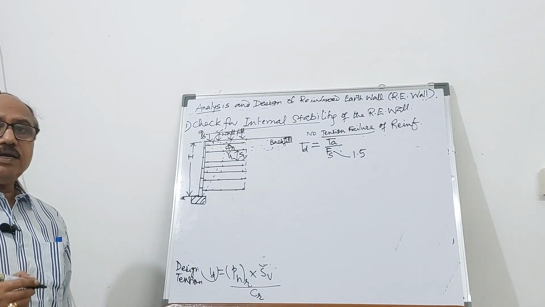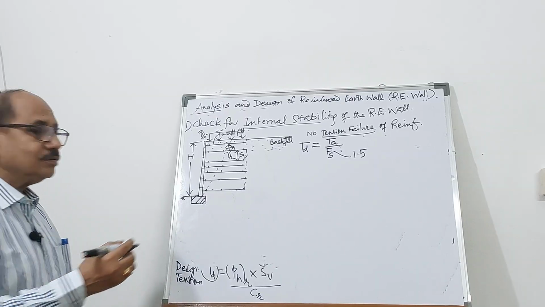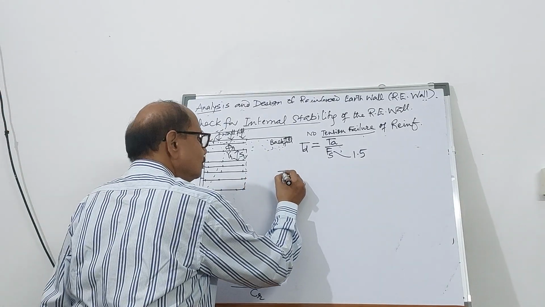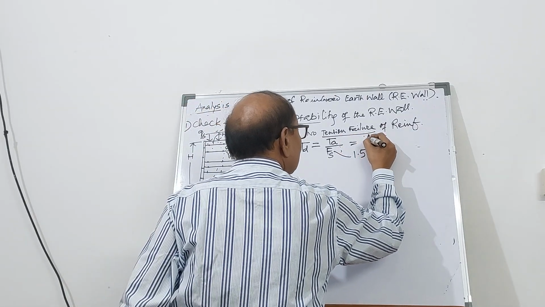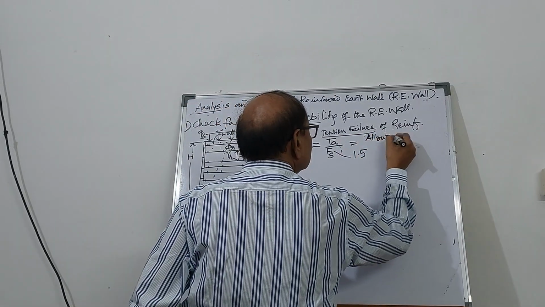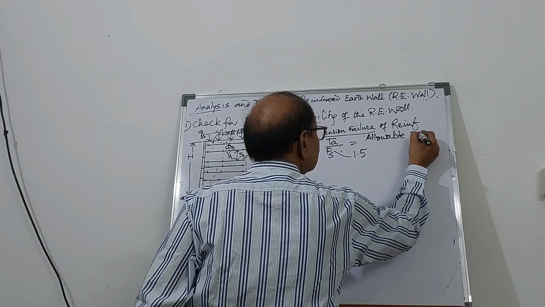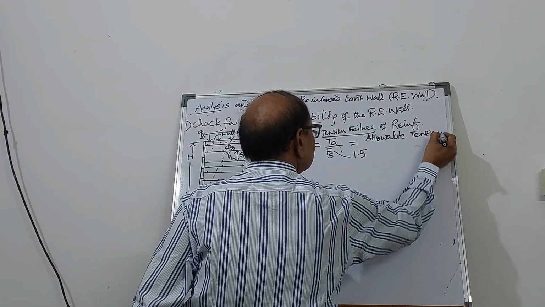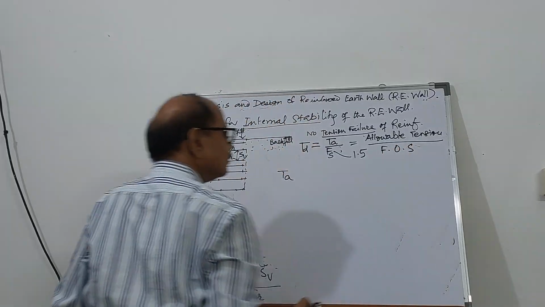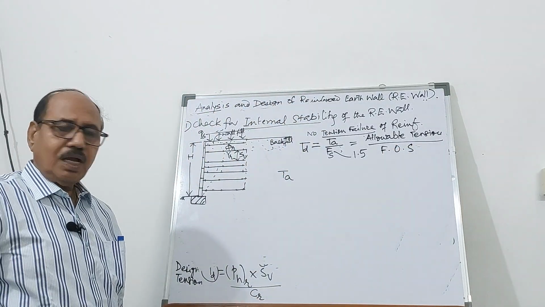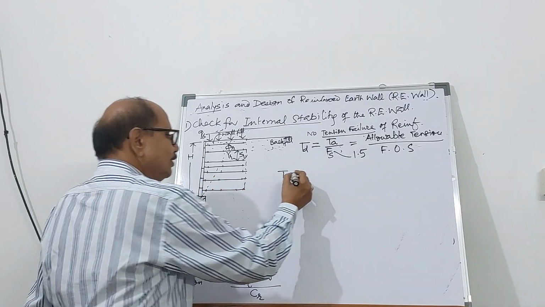And how will you find out this allowable tension? This allowable tension is called allowable tension divided by factor of safety. How will you find out this allowable tension?